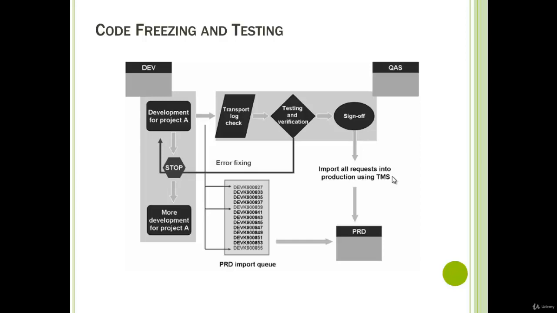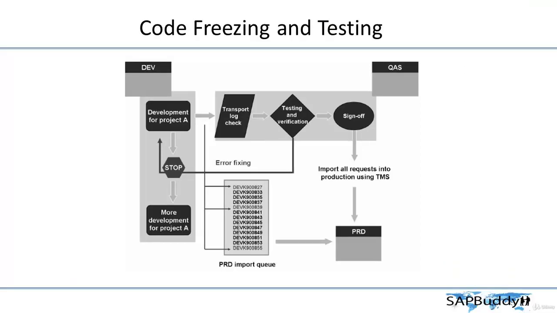The procedure to do code freezing is that first you release the transport requests which contain all the objects. Once all these transports have been released from the development system, freeze the development system for any changes in this particular project. Then you can import these objects in the quality assurance system.